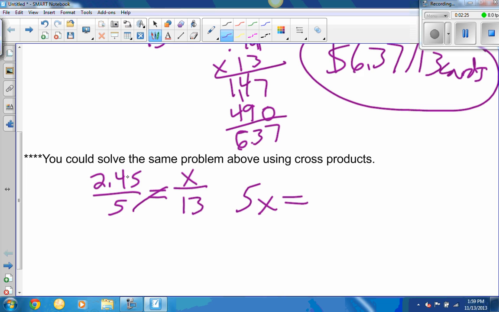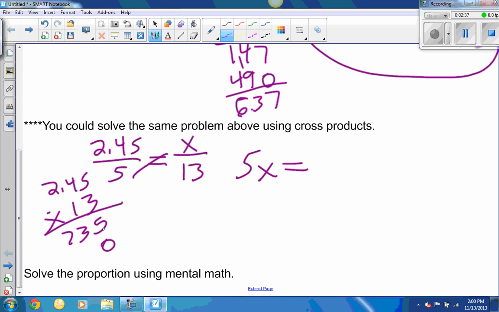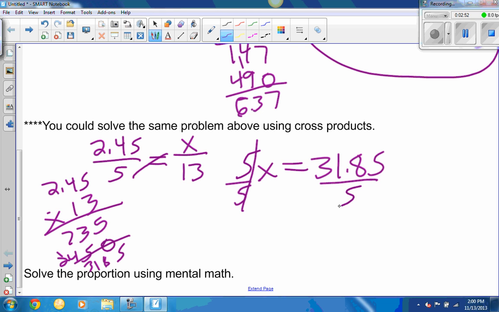245 times 13, which I can just, let's see, 245 times 13. So 3185, and then I could divide that by 5 to solve for x.